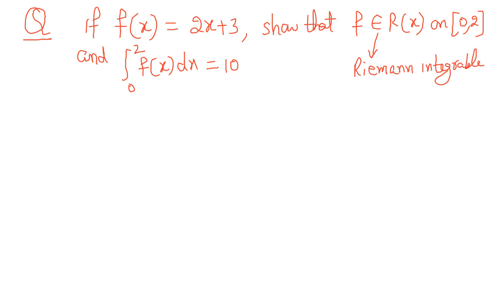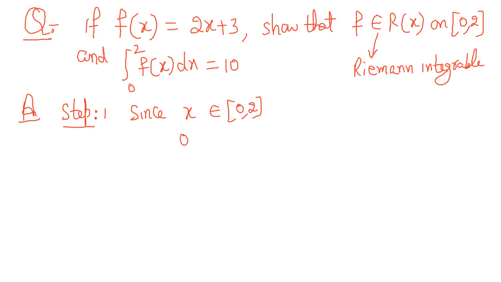Now first start step 1. What is step 1? Since x belongs to 0 comma 2, it means that 0 less than x less than 2, multiply by 2, it is 2x less than 4, then add 3.